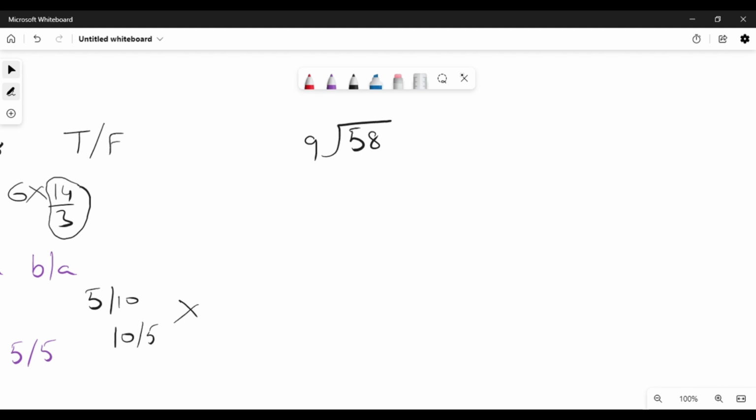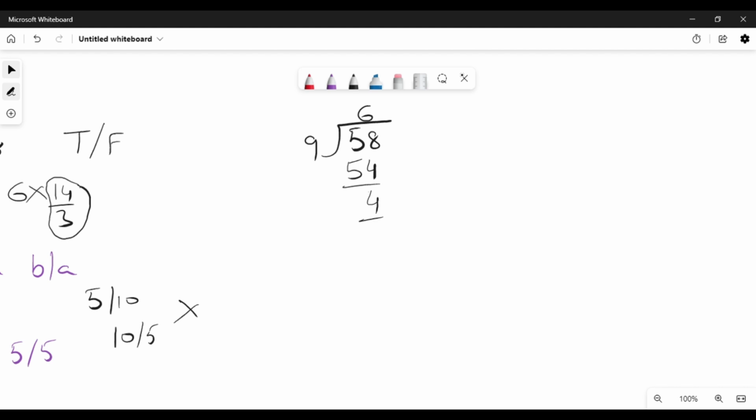I will think of the greatest multiple of 9 which is just less than 58. So 9 sixes are 54. If I try 9 sevens, it is 63, which will be more than 58. So I have to start with 9 sixes are 54. What will the remainder be? 58 minus 54 is 4.